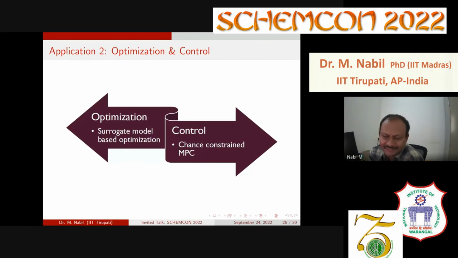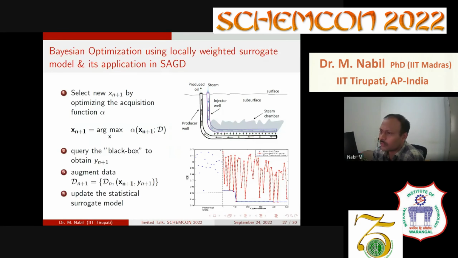So in optimization and control, how do we use machine learning in optimization and control? Here it's basically the mining industry, where you can think of oil being present. It's basically an enhanced oil recovery technique.